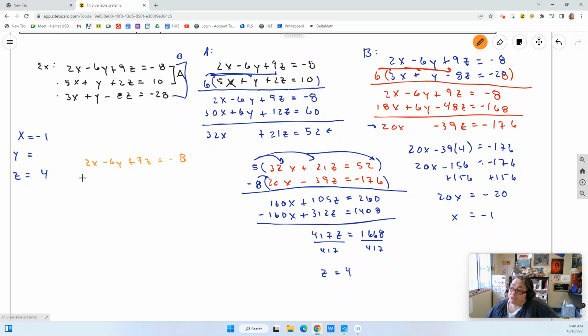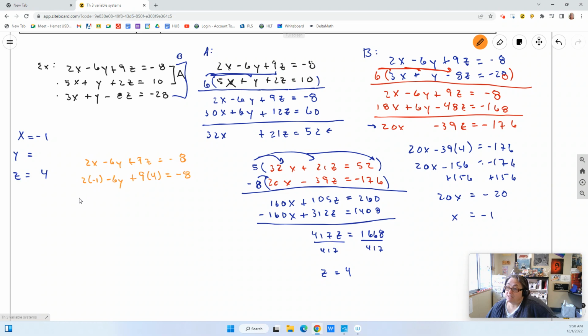I know that x just equals 1, so it's 2 times negative 1 minus 6y, that's the one variable I don't know, plus 9 times z, which is 4, equals negative 8. And when we solve this, we'll know what our y value is.